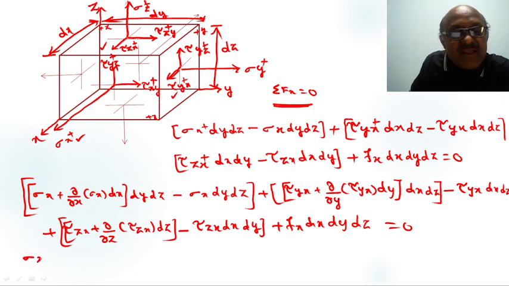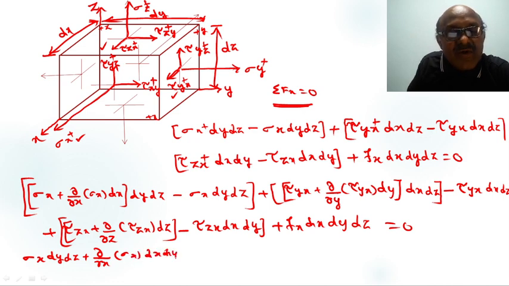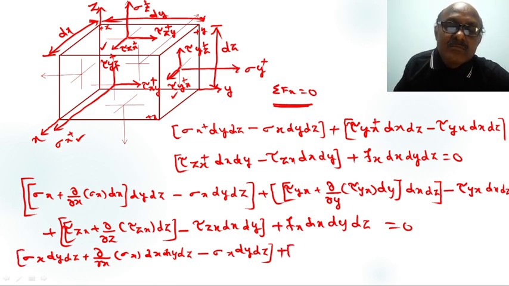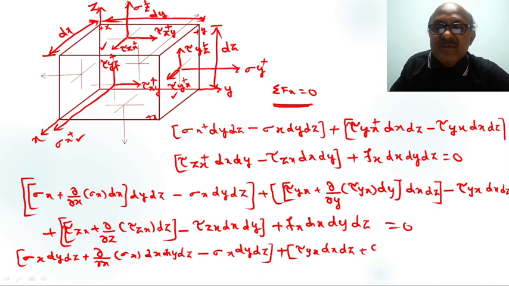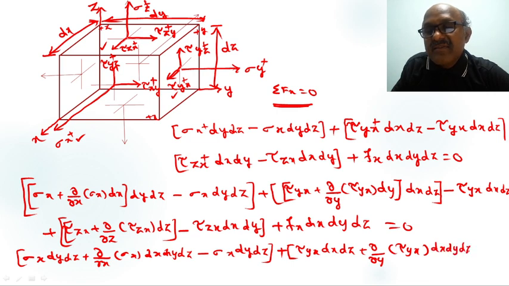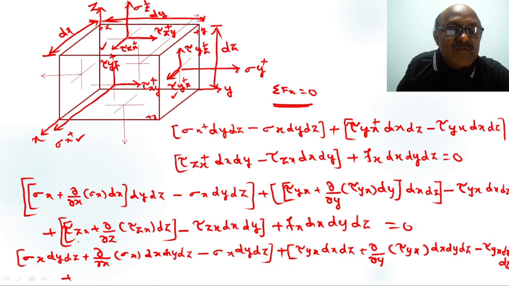I will write here: sigma x dy dz plus dou by dou x of sigma x dx dy dz minus sigma x dy dz, plus here multiply this one, tau yx into dx dz plus dou by dou y of tau yx dx dy dz minus tau yx dx dz.